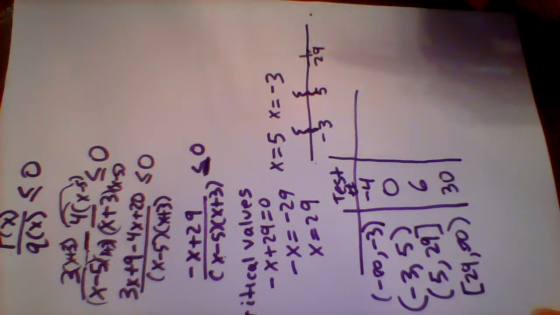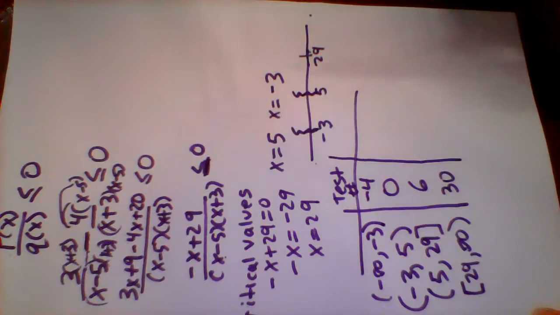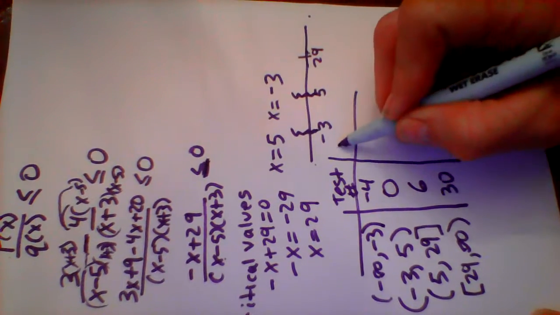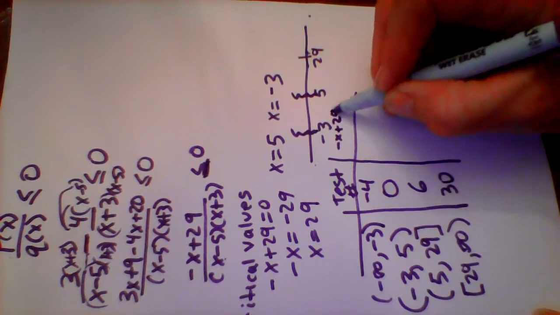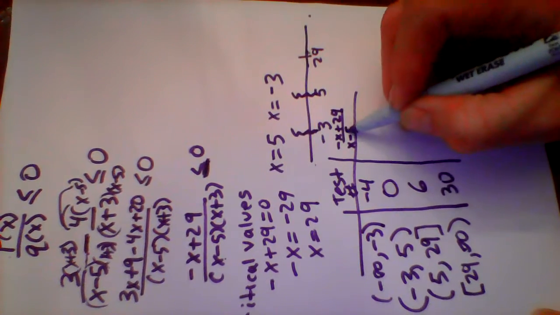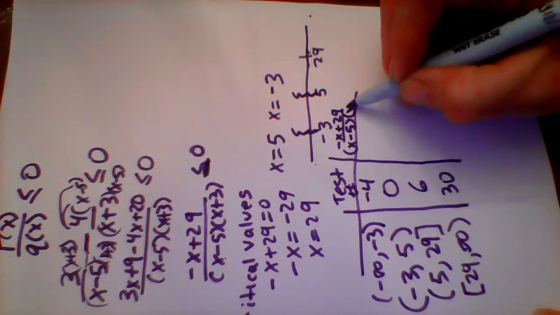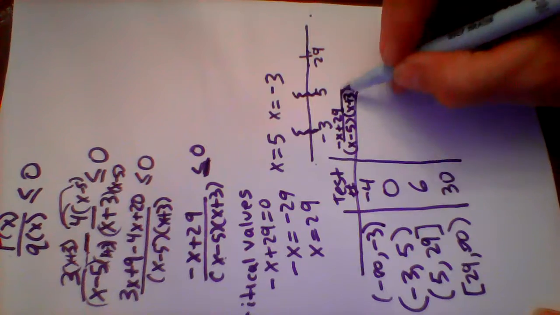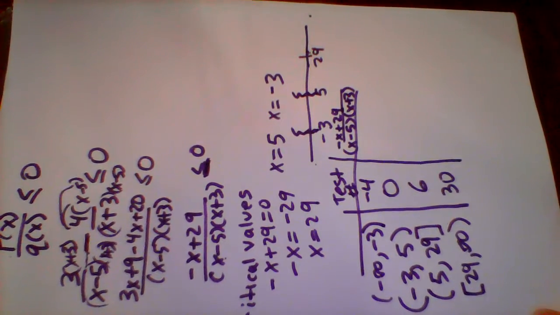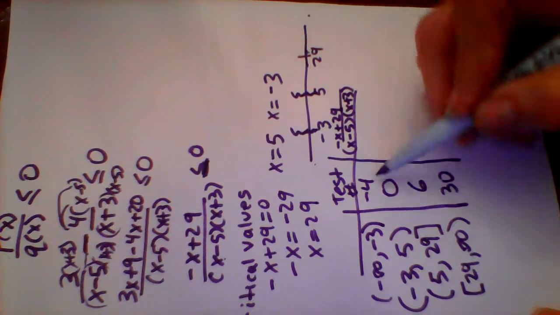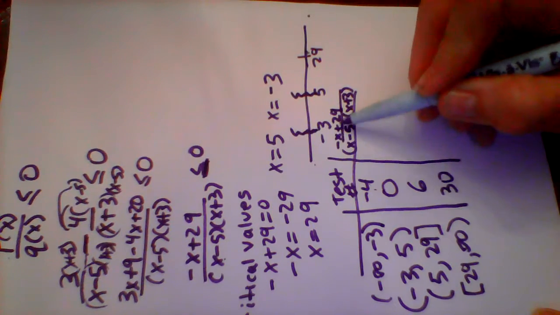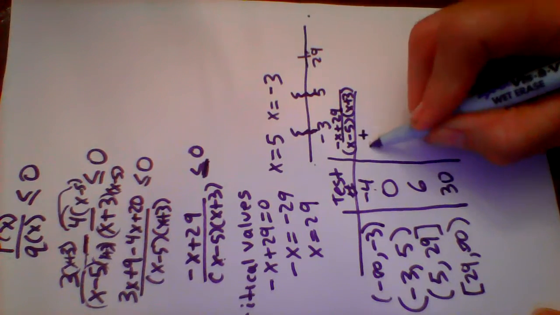I'm now going to put them in my factored form of my inequality. So I'm really looking at negative x plus 29 over x minus 5 and x plus 3. I don't really care what the exact answer is. I just care whether it's positive or negative. So I get a negative negative 4 plus 29. That'll be positive.